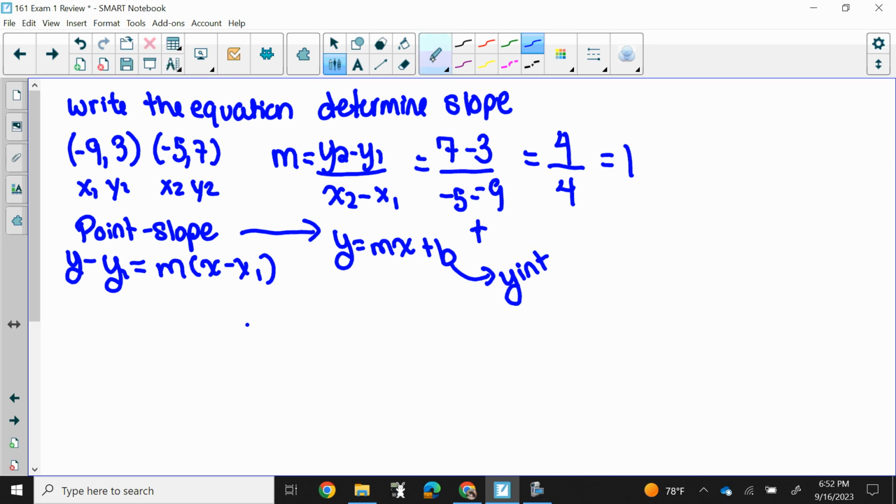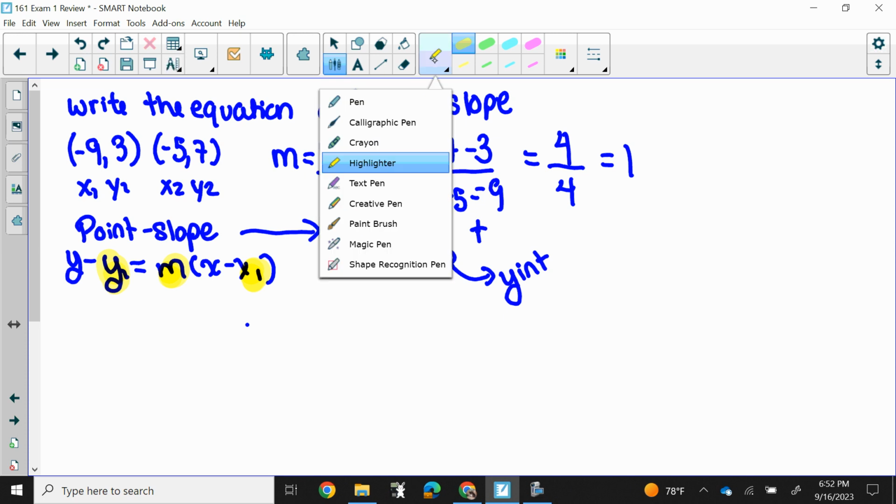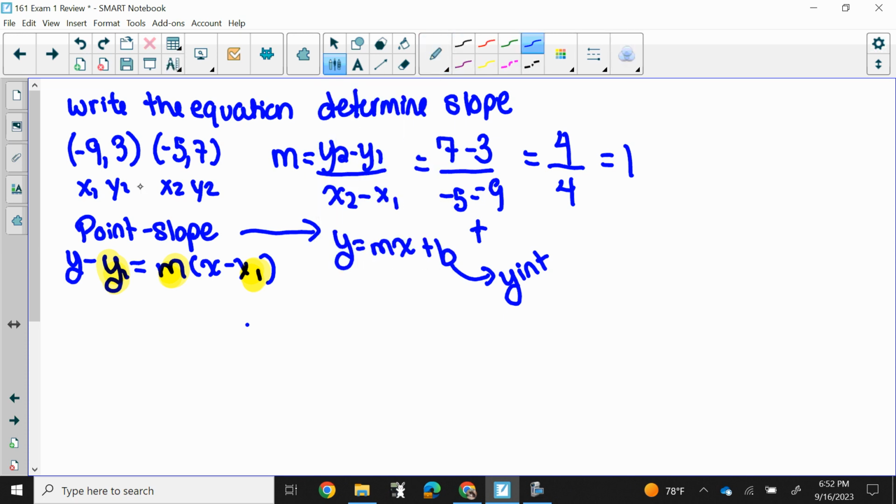So what I'm going to do is substitute a value in for here, here, and here, right? So I'm going to use the same x1 and y1 that I've already been given.